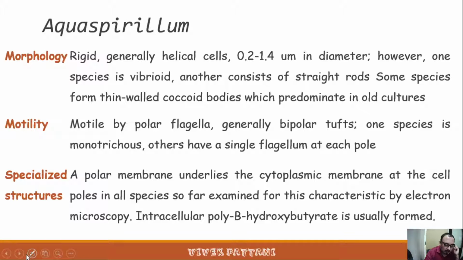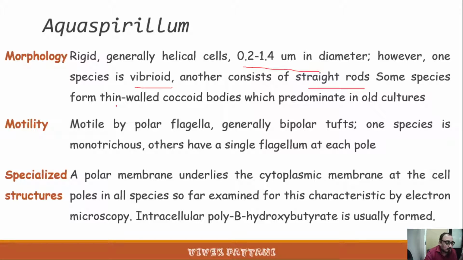Morphology of Aquaspirillum now. They are rigid, generally helical, with a diameter of about 0.2 to 1.4 micrometer. However, one of the species is also vibrioid and some are straight rods.